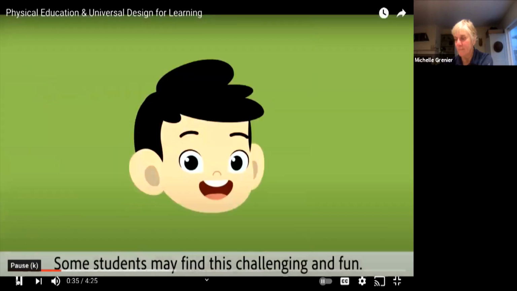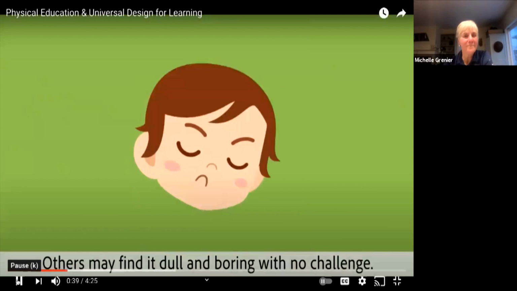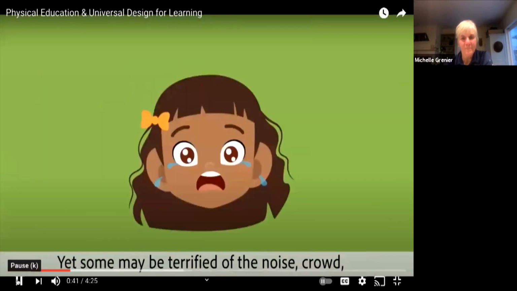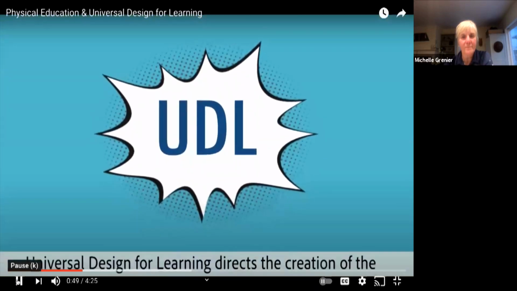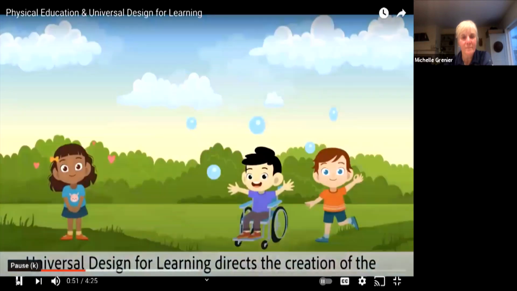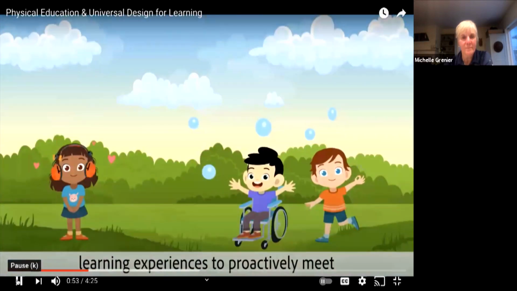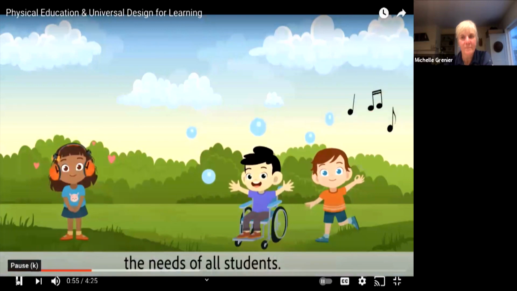Some students may find this challenging and fun. Others may find it dull and boring with no challenge. Yet some may be terrified of the noise, crowd, and running into people. This is where UDL comes in. Universal Design for Learning directs the creation of the learning experiences to proactively meet the needs of all students.